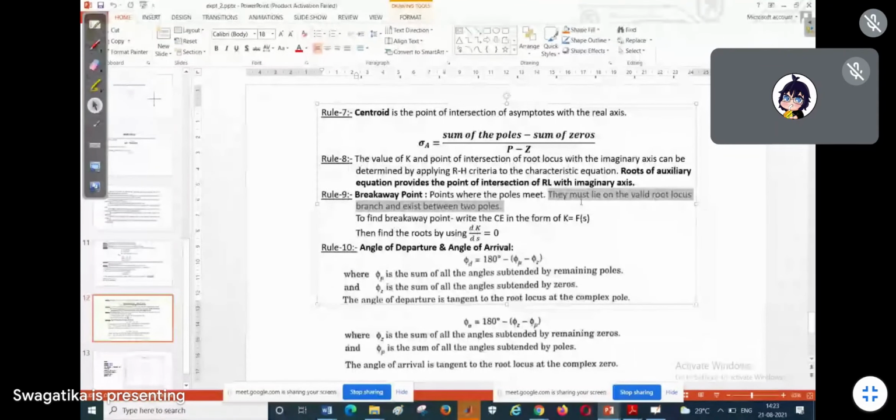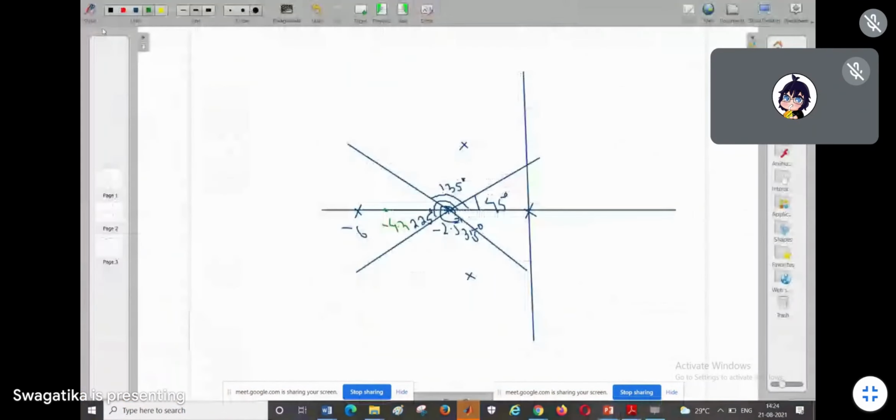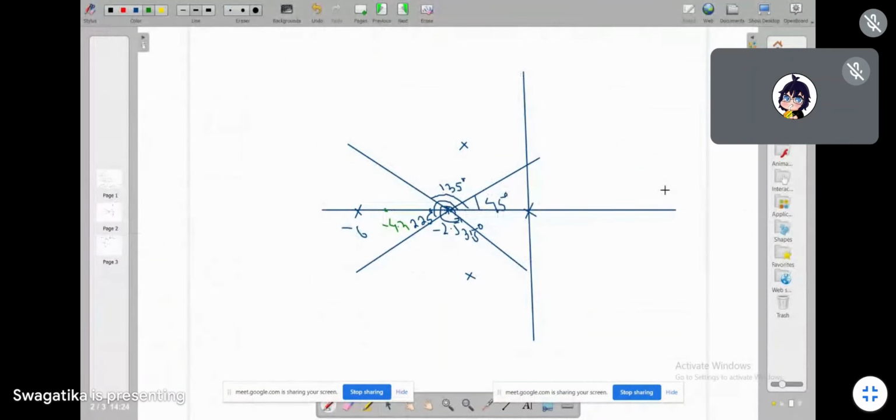Roots of the auxiliary equation provide the point of intersection of the root locus with the imaginary axis. Your auxiliary equation is 29.2 s square plus k is equal to 0.